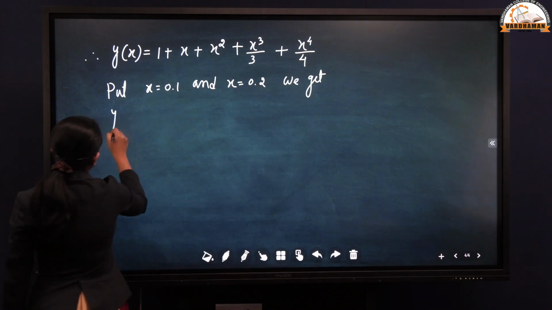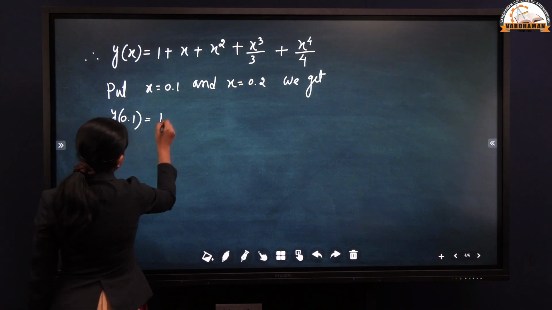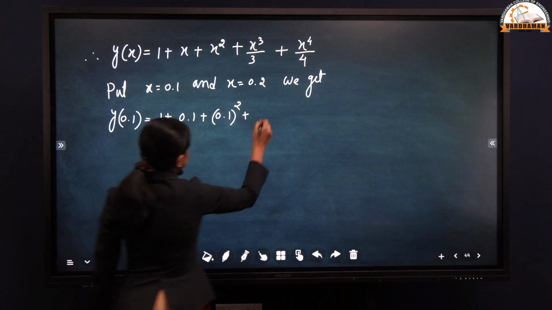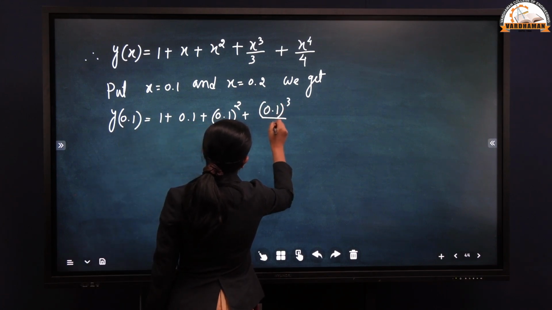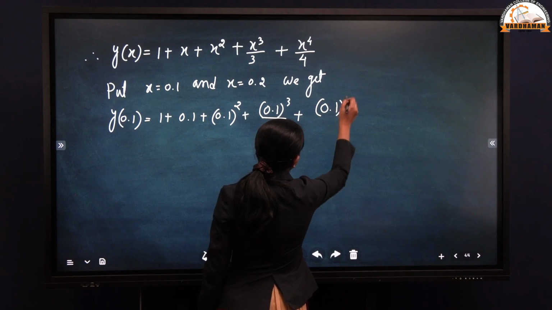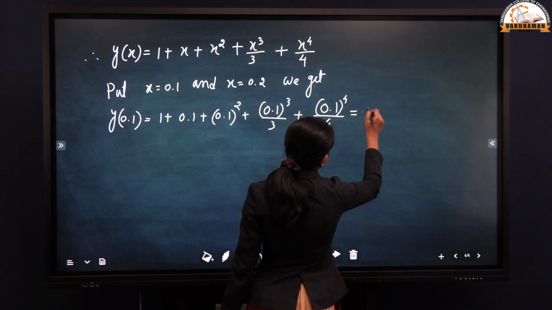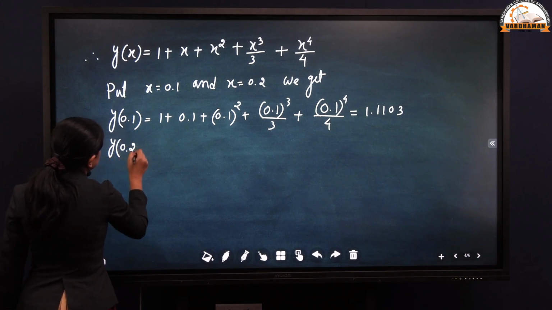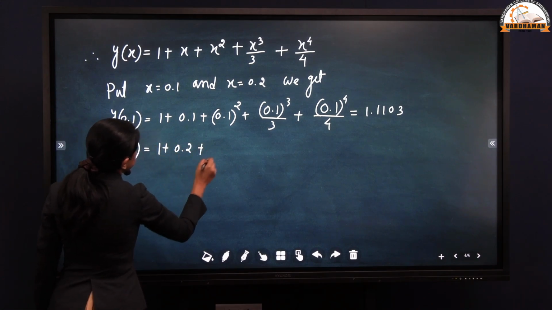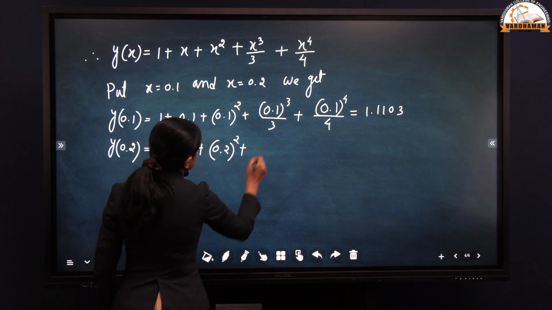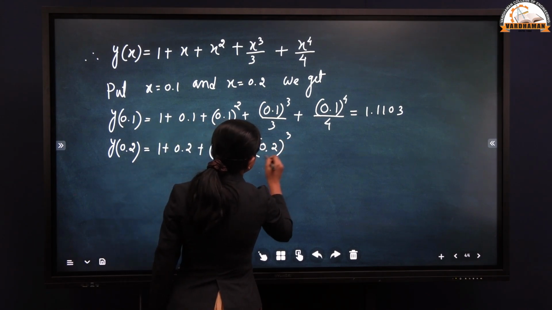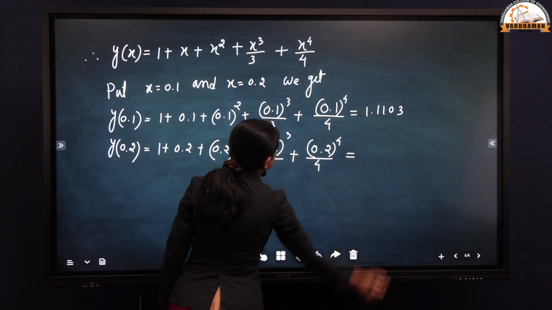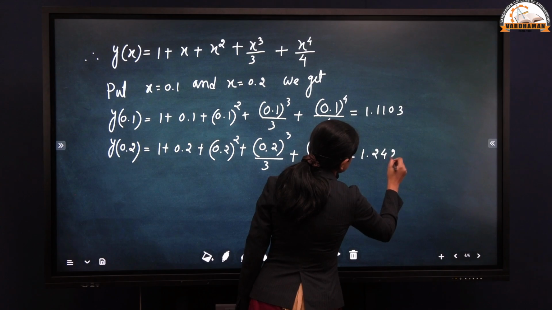We get y at 0.1 equal to 1 plus 0.1 plus 0.1 whole square plus 0.1 whole cube by 3 plus 0.1 whole power 4 by 4, which is equal to 1.1103. Now putting 0.2, we will get 1 plus 0.2 plus 0.2 whole square plus 0.2 whole cube by 3 plus 0.2 whole power 4 by 4, which is equal to 1.2427.